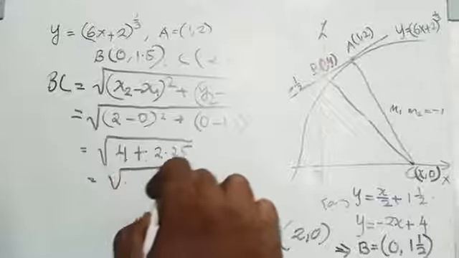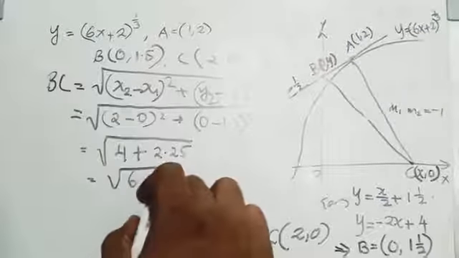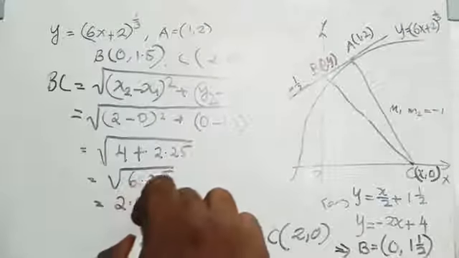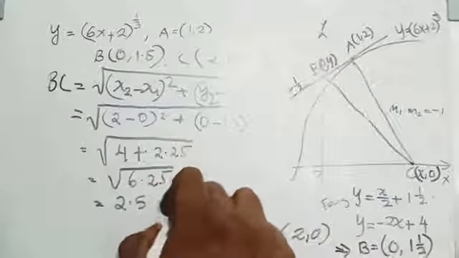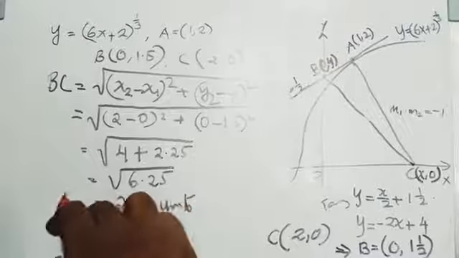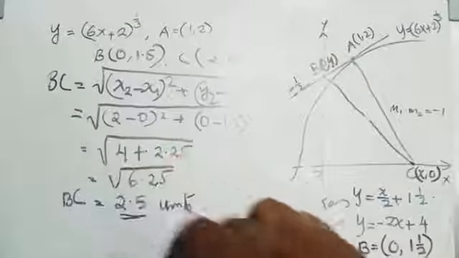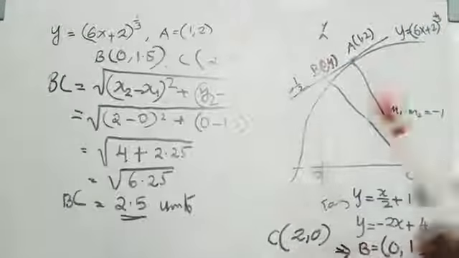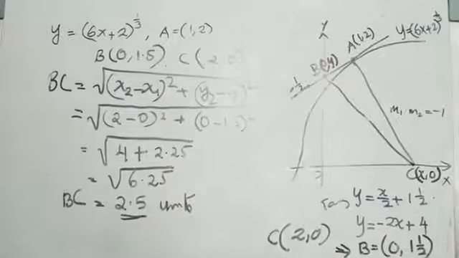So we get square root of 6.25, which is equal to 2.5 units as length of BC.